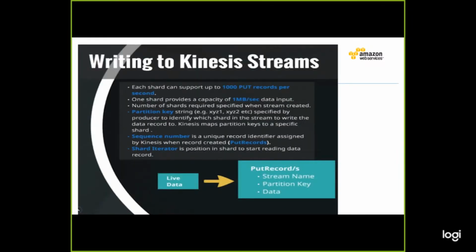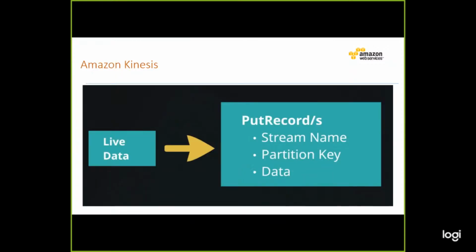Now, writing to your Kinesis stream, if you have live data, then you can use PutRecord. You can add the stream name, the partition key, and the data. Simple as that.